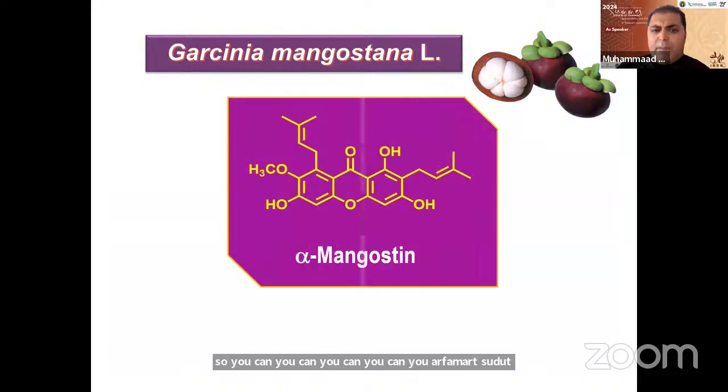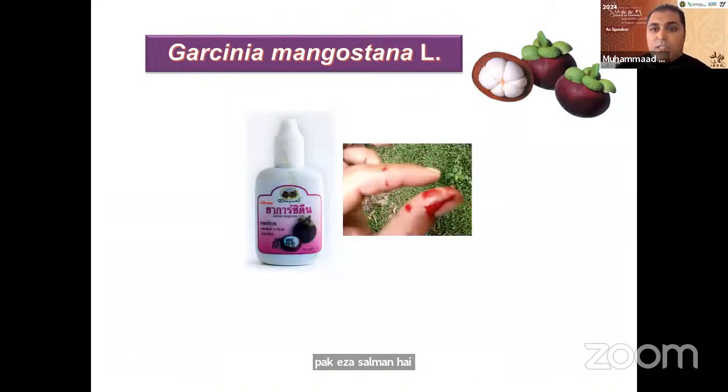I will present an example of mangosteen. This is a very popular fruit in the tropical region. We don't have it in Pakistan, but in Indonesia and Thailand it is very popular, and it is normally known as the queen of fruits, right? The botanical name of mangosteen is Garcinia mangostana.